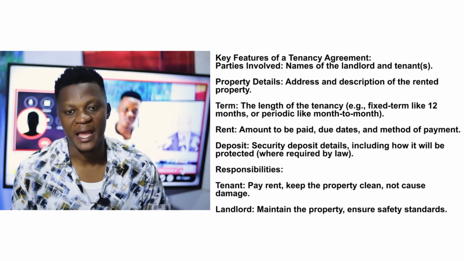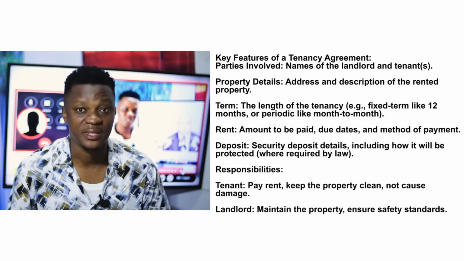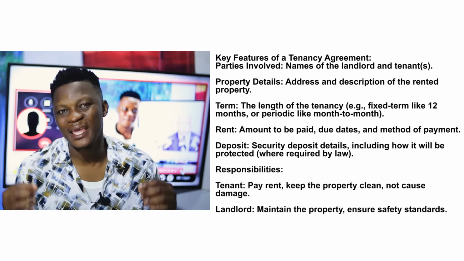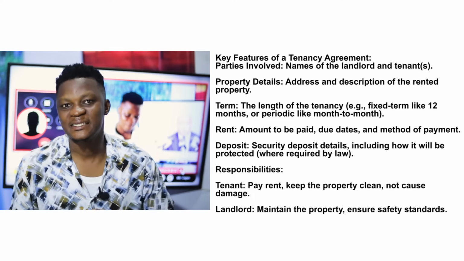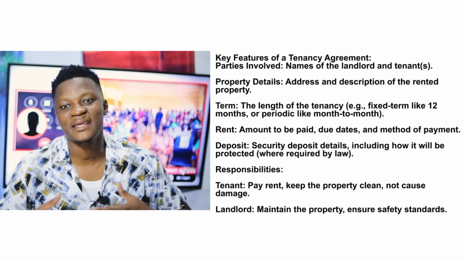You need to clearly state the full address of the rental property, and also the term of the tenancy. Is it a fixed term? Let's say, is it 6 months, 1 year, or what are the terms?